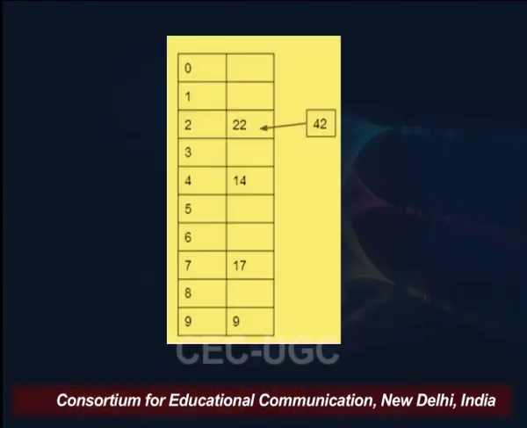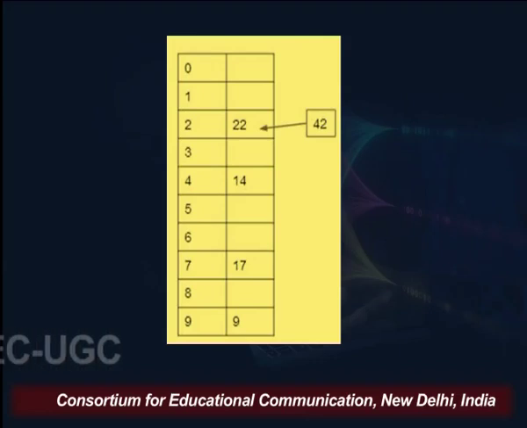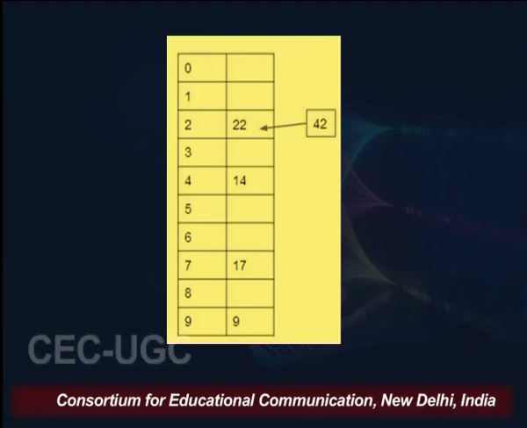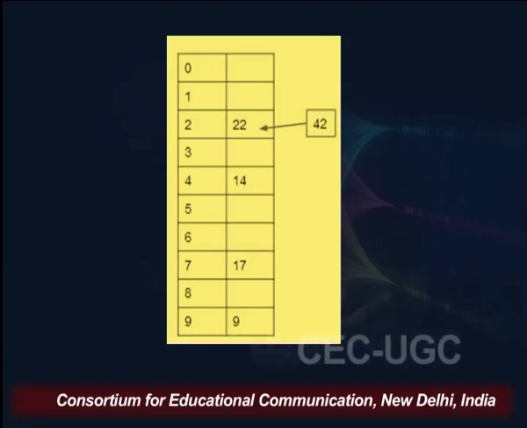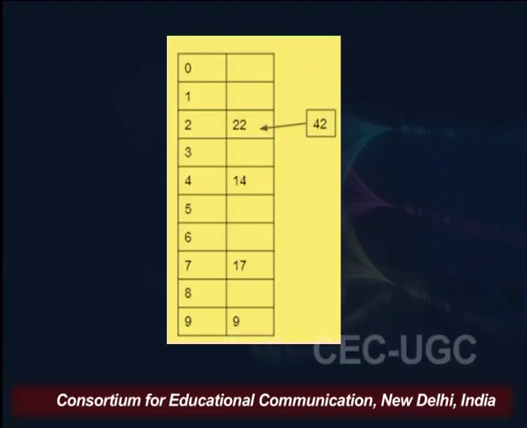Now, this you can see on your screen. We have a hash table of size 10 starting from 0 to 9. So, the size of the hash table is 10. 22 mod 10 is 2, so we have placed that in the slot corresponding to 2. 14 is placed in the slot corresponding to 4, and similarly 17 and 9 have taken their respective places.